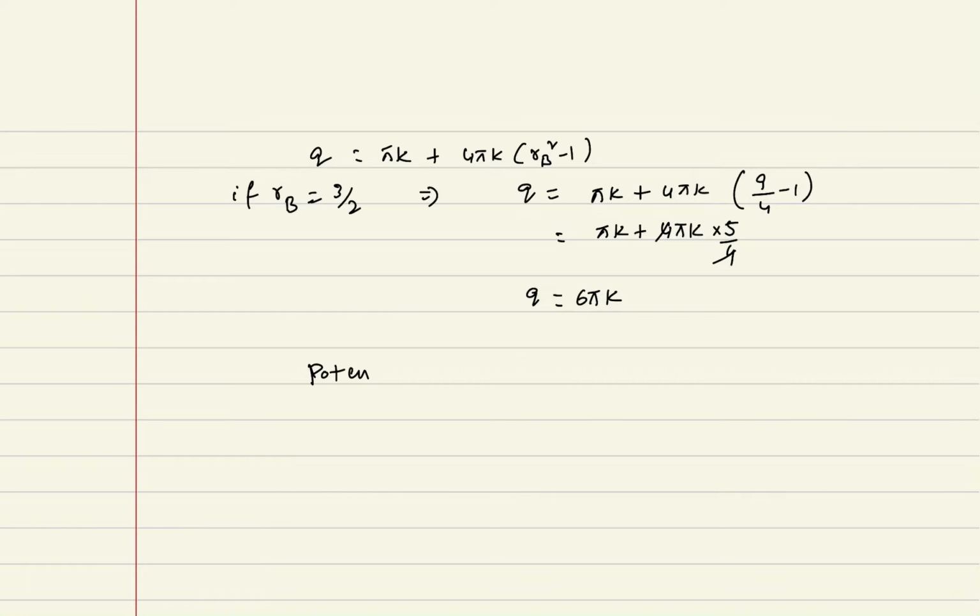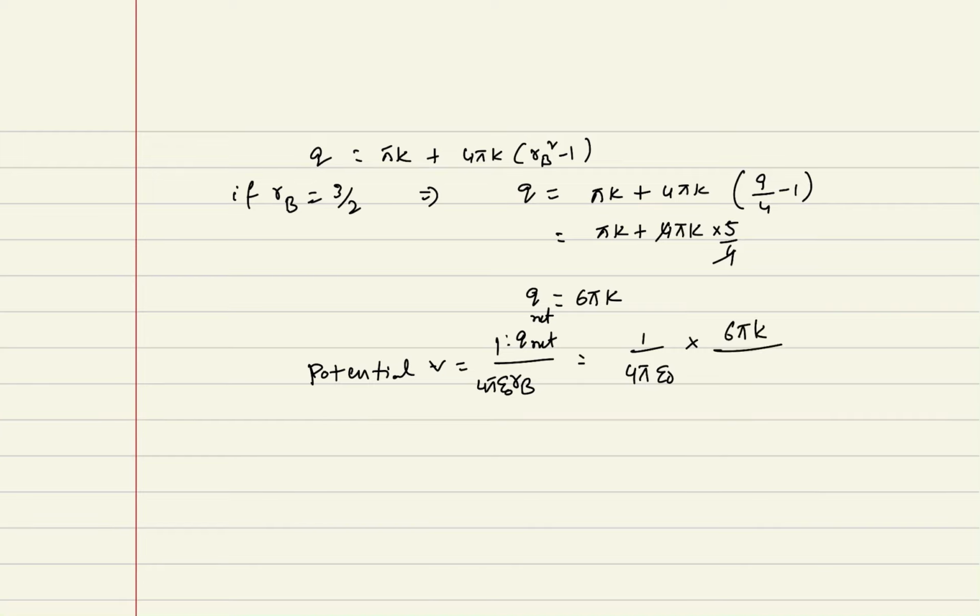Now what is the potential at that point they are asking? Potential at any point is V is equal to K Q net divided by RB, where Q net is the net charge. K is nothing but 1 by 4 pi epsilon naught.